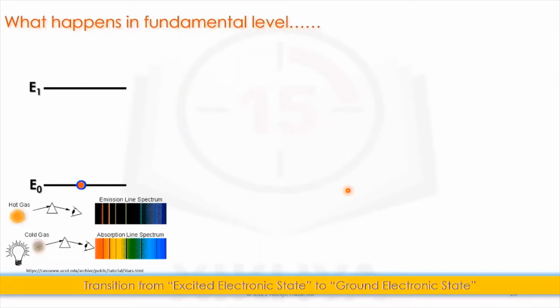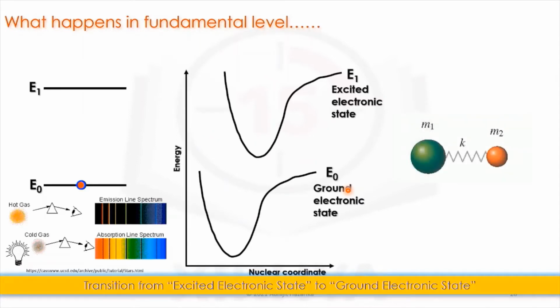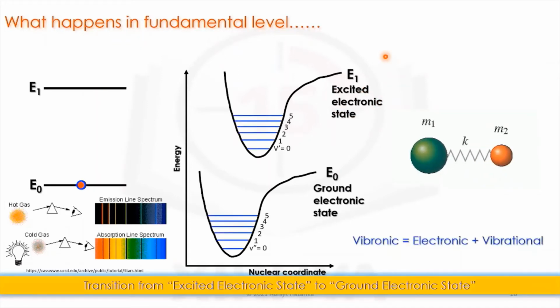Now from atomic systems, let's go to a little bit more complex system, which is a diatomic molecule. The electronic energy levels or the electronic states of diatomic molecules can be represented by this kind of Morse potentials. Let's say we have a ground electronic state, which is E0, and then an excited electronic state, which is E1. When the molecule interacts with an electromagnetic wave or light, they also vibrate.